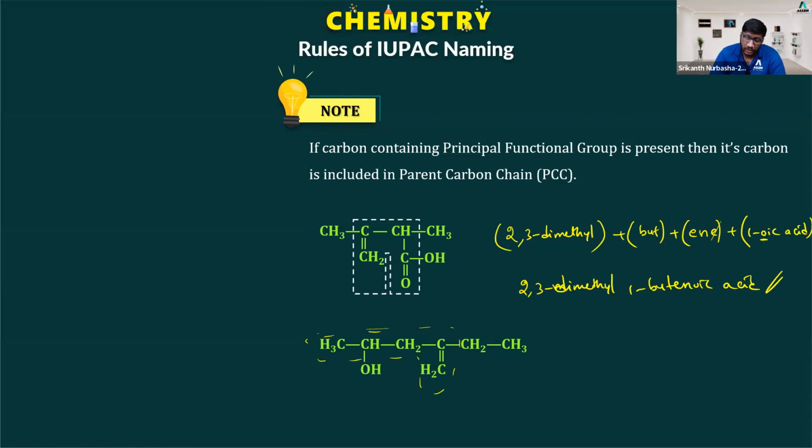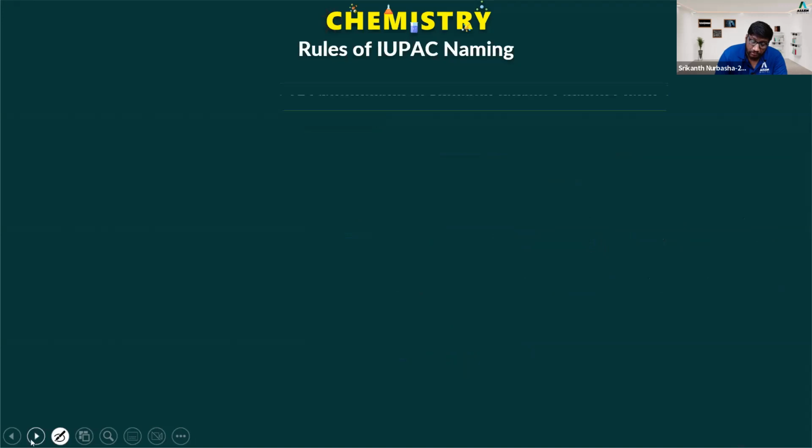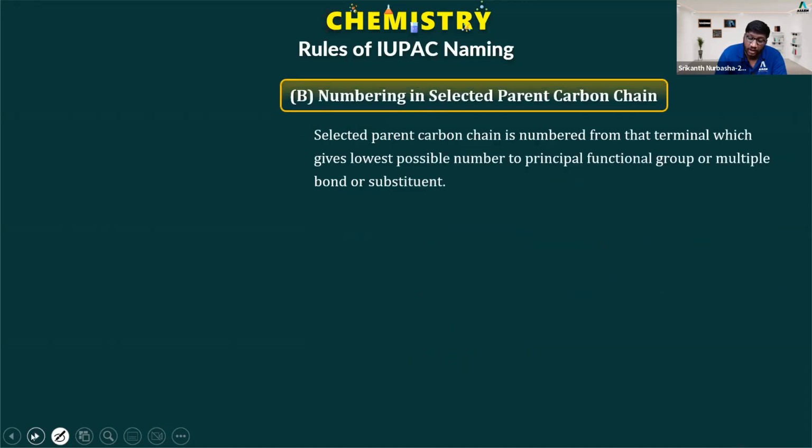Right. So now comes the question of numbering, like which has to be given the lowest number and which the highest, because we have selected the parent carbon chain. The next set of rules is numbering. How to give numbering in parent carbon chain?